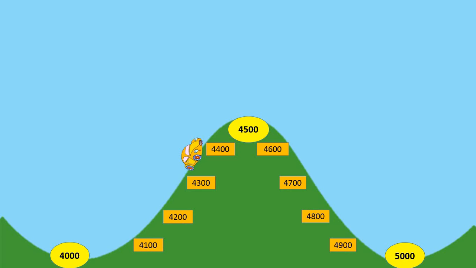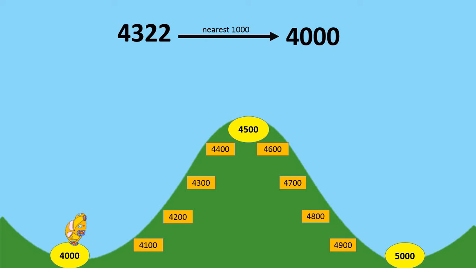That means our car is on the left side of the hill. So, it will roll to the left valley. Kids, what is the number written on the left valley? Very good. It's 4000. So, we may say that 4322 will round off to 4000.